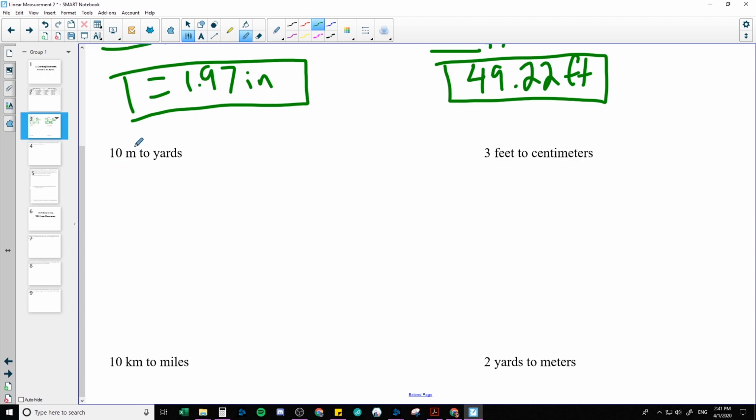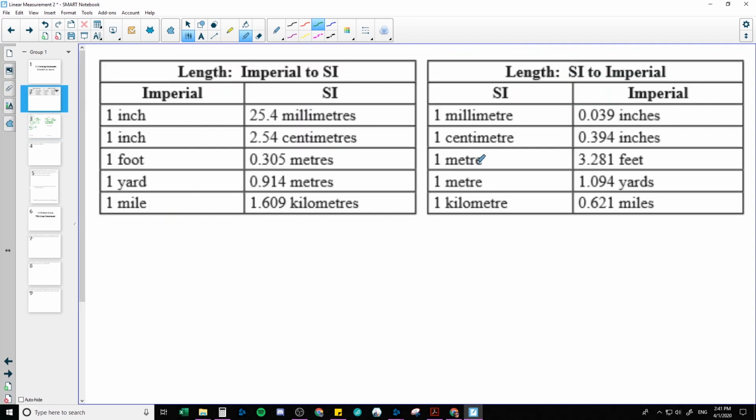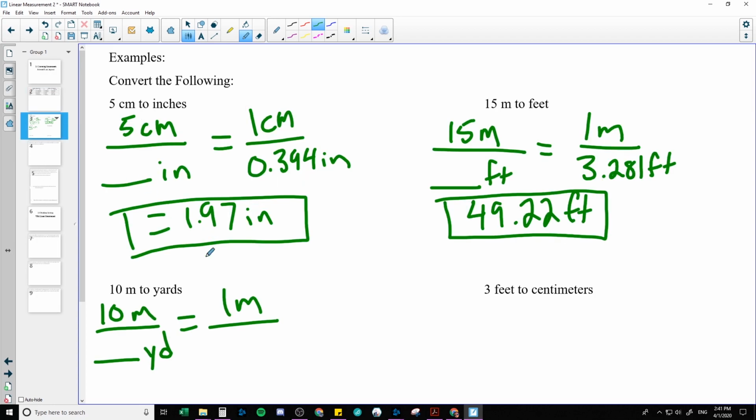It wants us to do meters to yards. So 10 meters over how many yards? This is what we're trying to figure out. Equals 1 meter, and we need to know how many yards go into a meter. Okay, 1 meter is 1.094 yards.